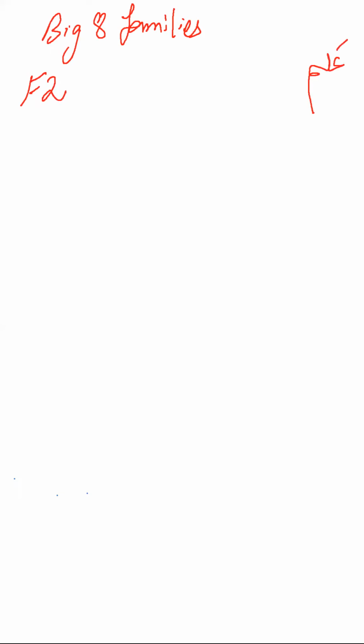Now, let's go to the big 8 families. In the big 8 families, the family 4 is done because it resembles the family 1 family. So we'll start with F2. What is the F2 family? Allama yu'allimu. Please also remember the numbers.